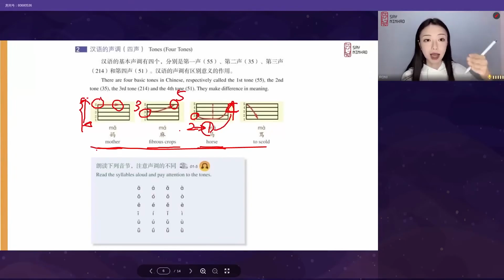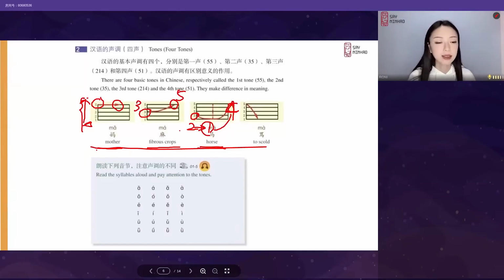So it is ma, ma. Read after me, please. Ma. This one can be a little bit tricky. Ma, ma. This is third tone. Started from pitch 2 and drop to pitch 1 and then rise up to pitch 4. This is ma, third tone.